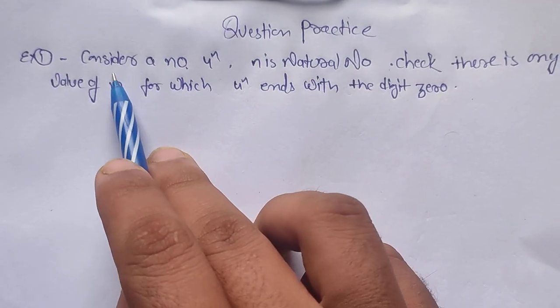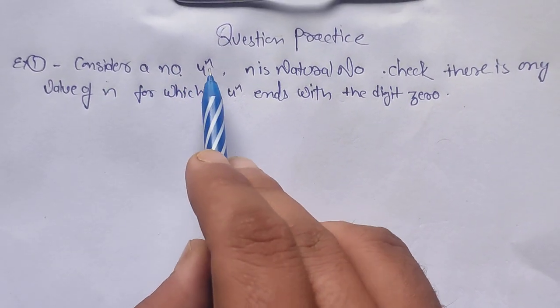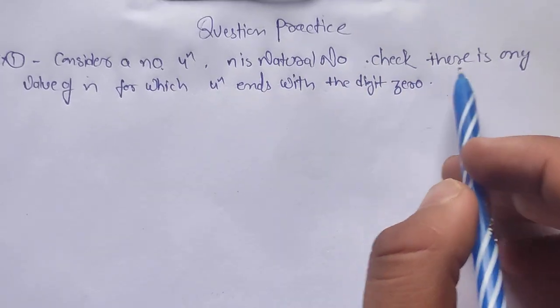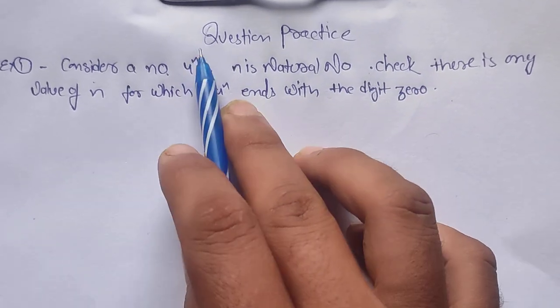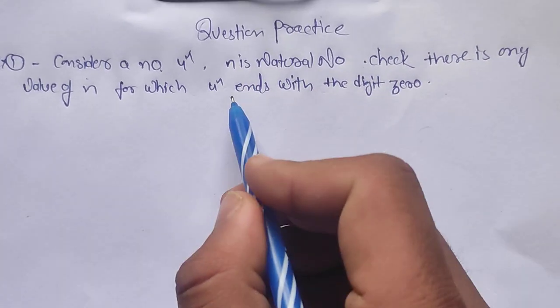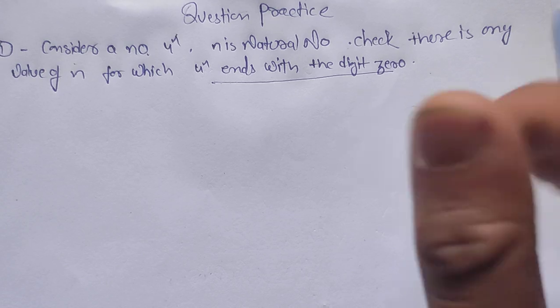Okay. The question is, consider a number 4 to the power n, where n is a natural number. So we want to check if there is any value of n for which the unit digit is 0. This part is important.